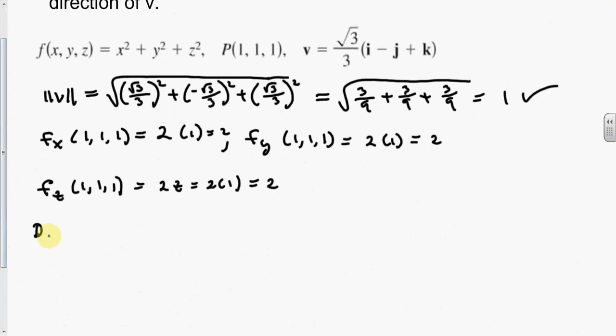So this directional derivative in the direction of v, since v is a unit vector, of the function evaluated at the point P, 1 comma 1 comma 1, they say here to use the gradient of f evaluated at the point dotted with the unit vector, and it's actually v here that we're using.